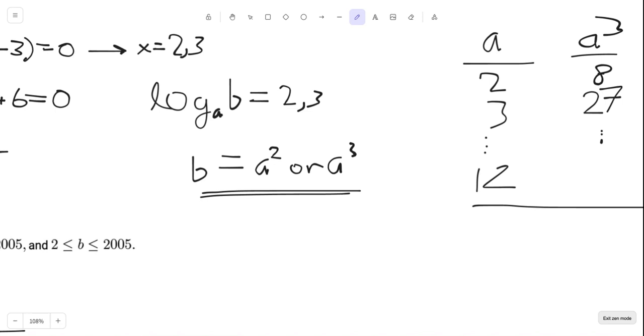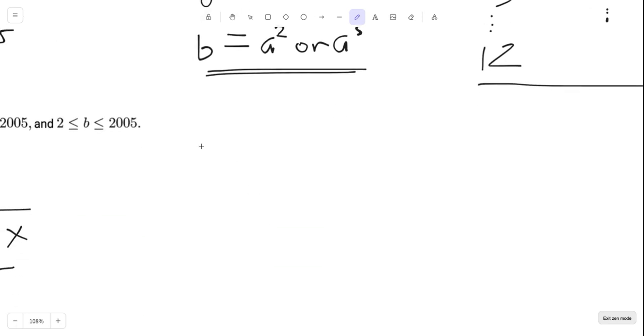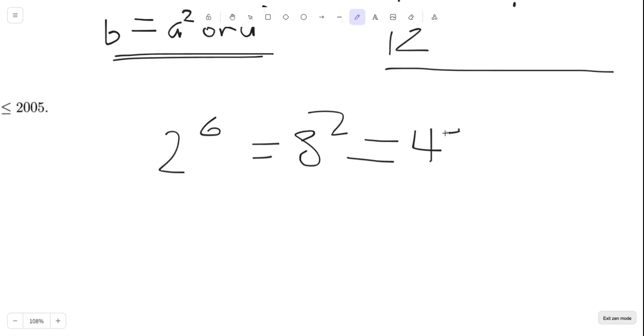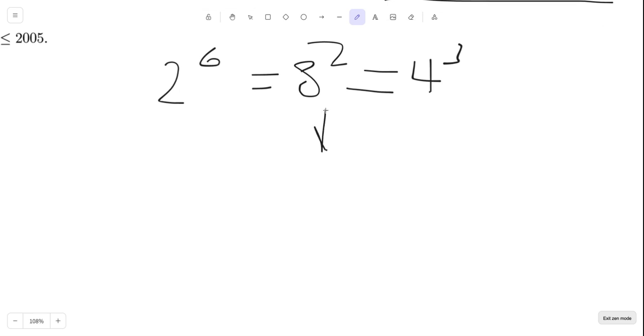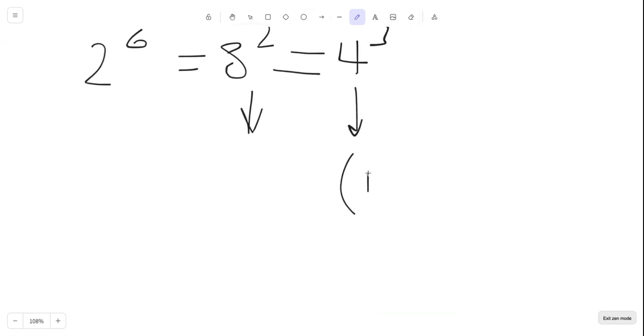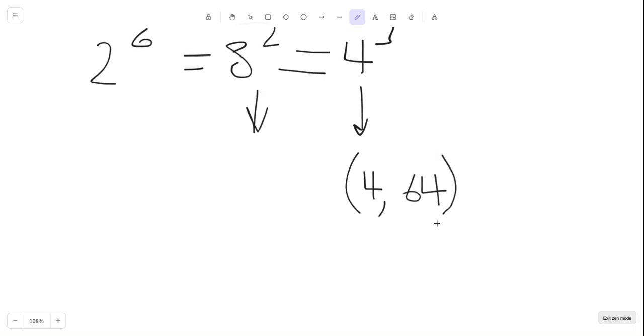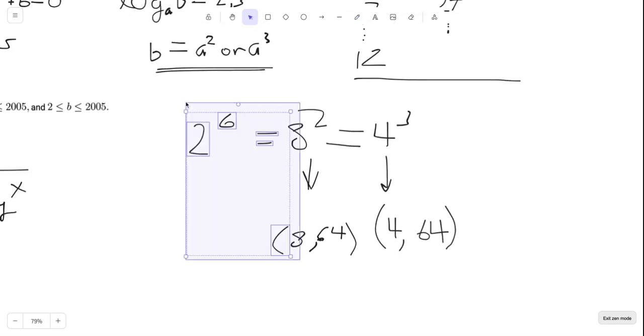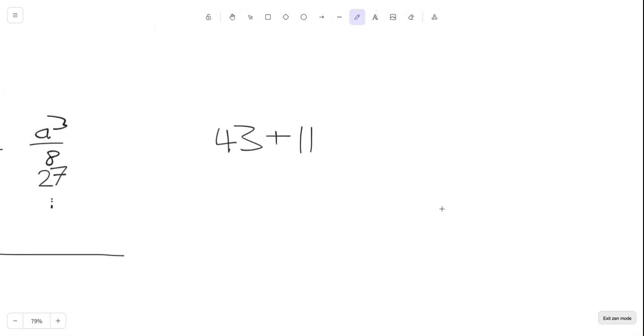Well, let's see if it's a sixth power. Okay, like 2 to the 6th, for example. 2 to the 6th is both 8 squared and 4 cubed. But even though it's both a cube and a square, this gives you separate results, separate ordered pairs. So you don't have to worry about overcounting in this case. Just a side note.